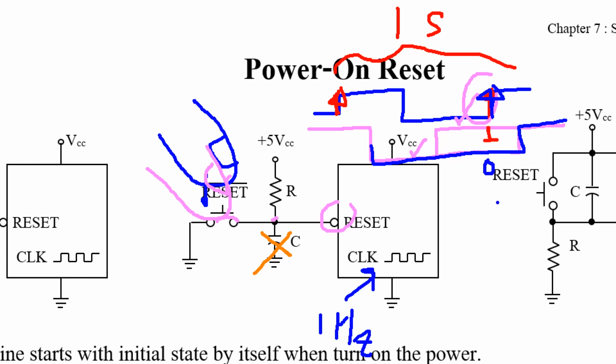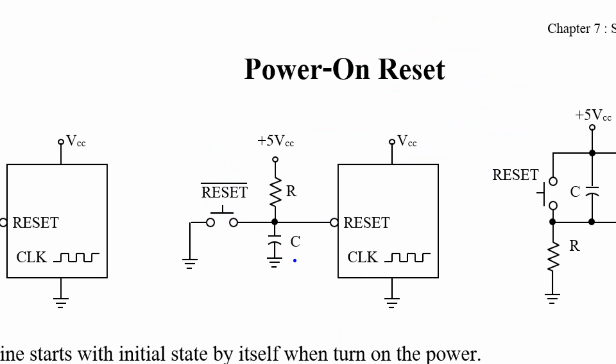But some users cannot wait, right? For a normal person, maybe press and release suddenly. So to solve this problem, you may add this capacitor into the circuit. When you press the switch, you can assume the resistance of the switch is very low, near 0 ohm.